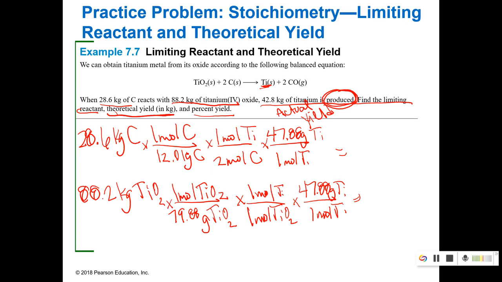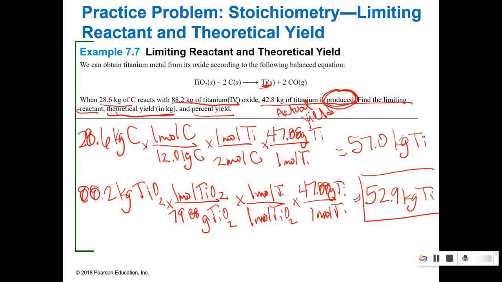So the bottom one, I get 52.9 kilograms Ti, and the top one, 57.0 kilograms. Remember, our theoretical yield is going to be the bottom one, which means titanium 4 oxide is our limiting reactant.